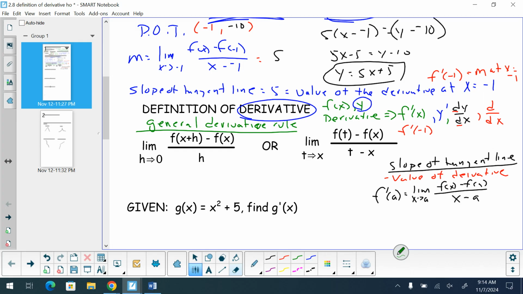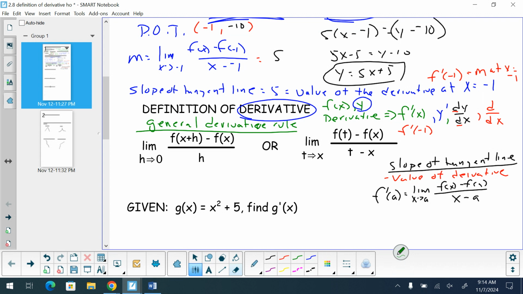A rule for derivatives. So if I have to find 5 slopes of tangent lines, I don't want to have to sit there and go through the slope of the tangent line 5 different times and deal with substitution, canceling, factoring, all that kind of stuff. So I want to find a general derivative and a general derivative rule.